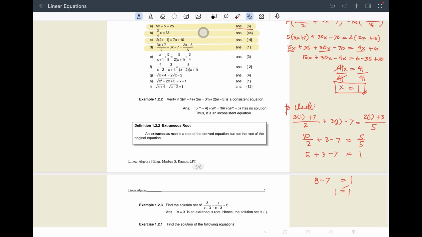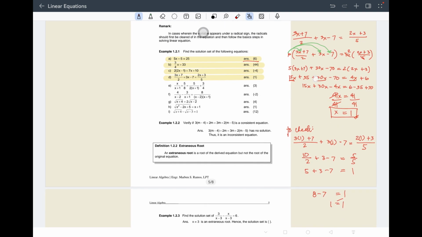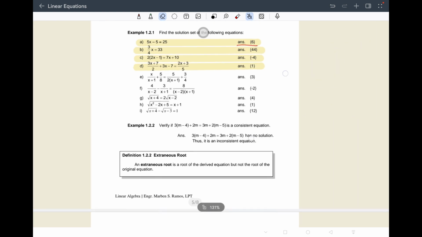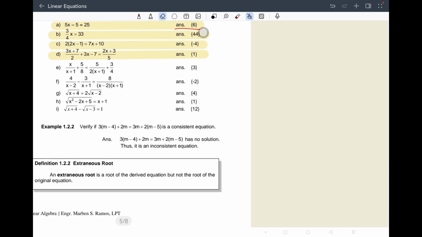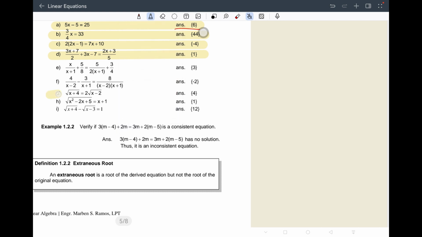So let us try to solve one more equation. Try naman natin ngayong i-solve itong merong radical sign. Like for example, itong equation sa G. The square root of x plus 4 equals 2 times the square root of x minus 2.